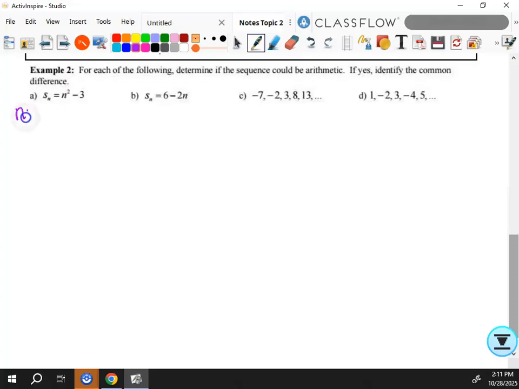No. So we're going to say not arithmetic because it is not linear. Right? What about B? Does that look like a linear function? Yes. So we're going to say this is arithmetic. And what is the common difference? -2. Okay.